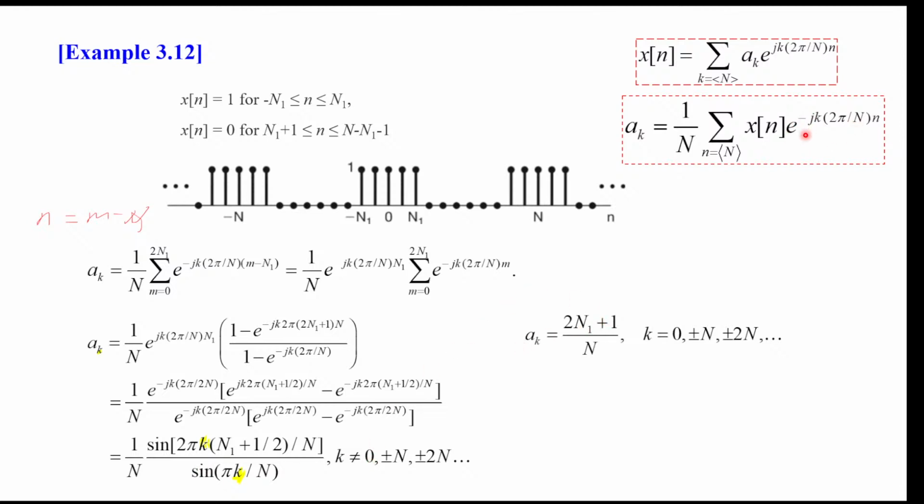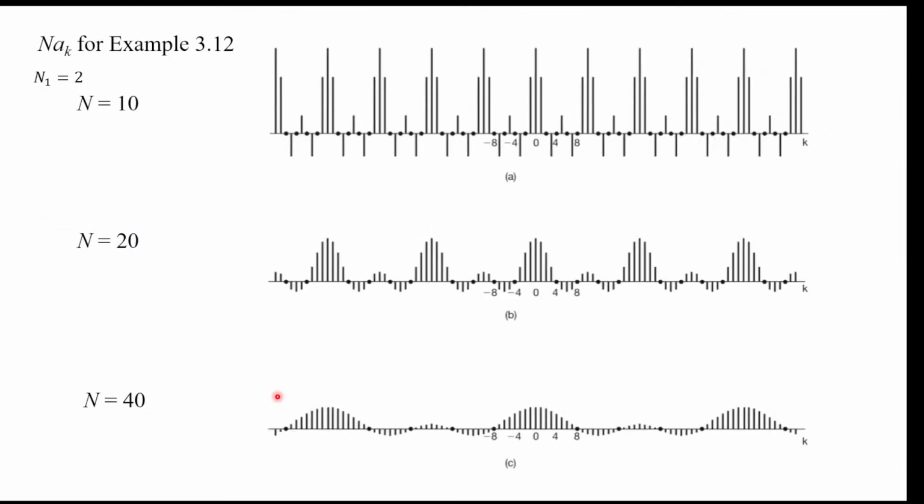You are just summing x[n] divided by big N, so you just have 2 n1 plus 1, the number of non-zero terms, divided by big N. So when k equals 0 or a multiple of N, your a_k is (2 n1 plus 1) over N, and when k is non-zero, you have this sine over sine. Anyway, what does this function look like? It's like this. Once again it's a periodic function with period big N.